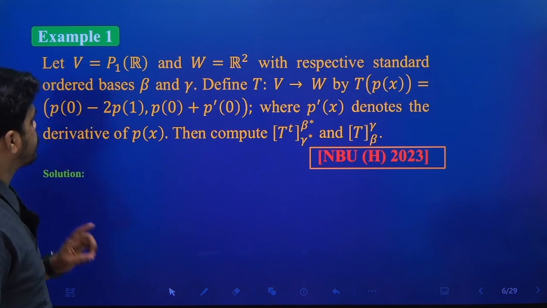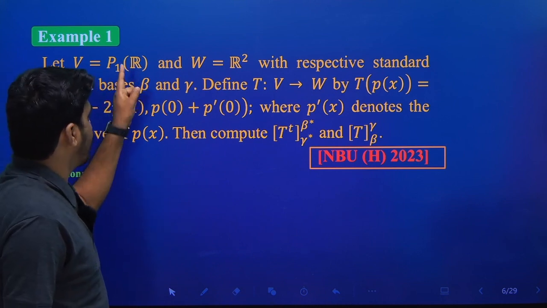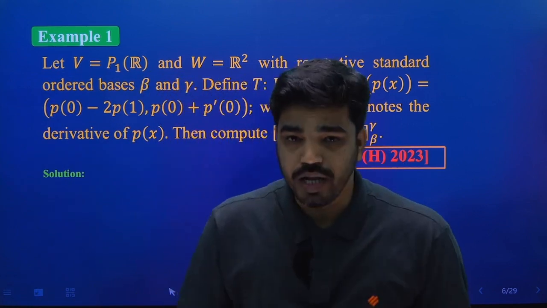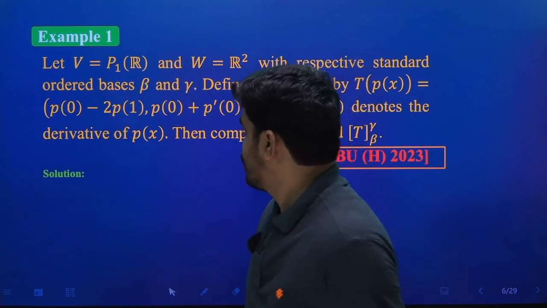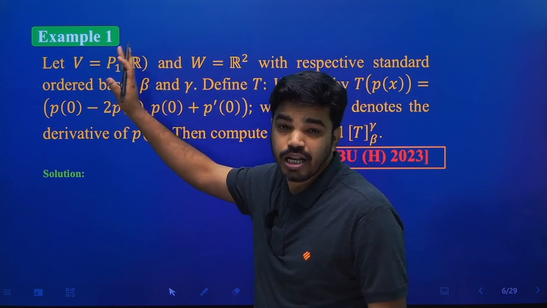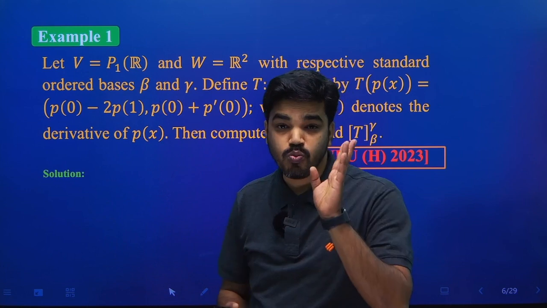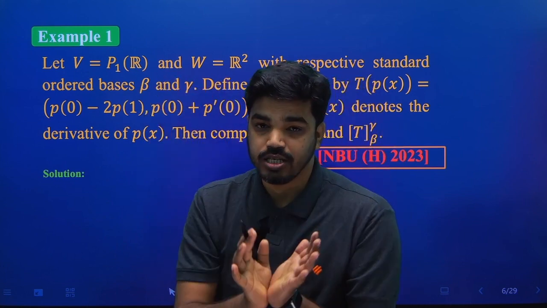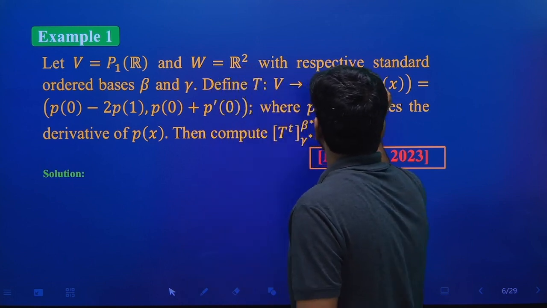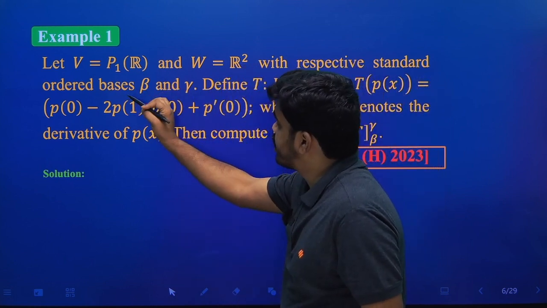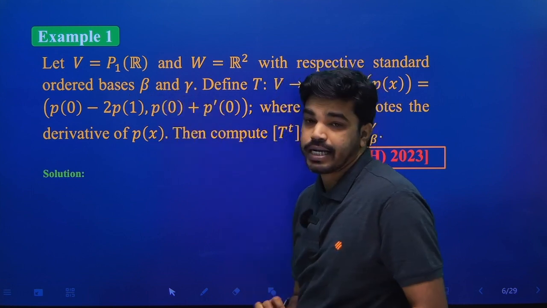Let V is equal to P1(R). What does it mean? That means we consider a polynomial of degree 1. V is a vector space of all real polynomials of degree 1, and W is R2, that is two-dimensional space, with respect to standard ordered bases beta and gamma.